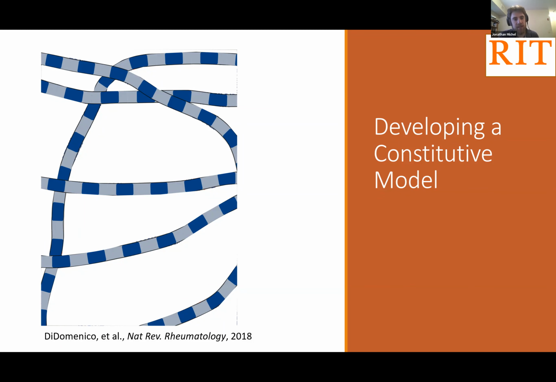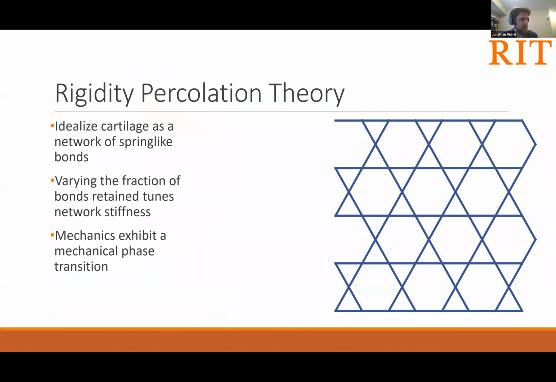When we look at this as computational modelers, we're reminded of a now well-established framework, namely rigidity percolation theory. So we are going to abstract away a number of the biochemical details for just a moment and idealize the collagen scaffold as a lattice of spring-like bonds.